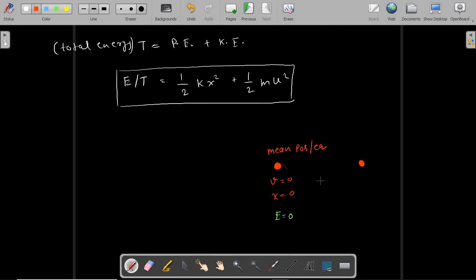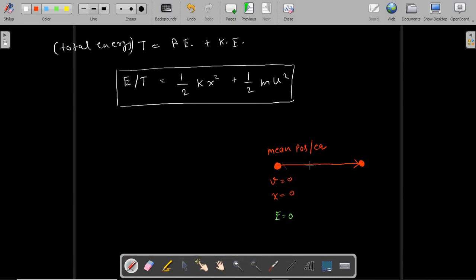Now what happens when I apply some force on the spring? There will be some acceleration, and that acceleration will give some velocity to the spring. So it will start going toward the extreme position, this way.